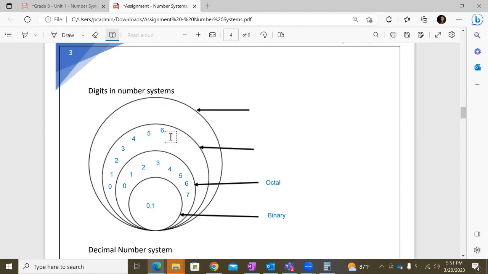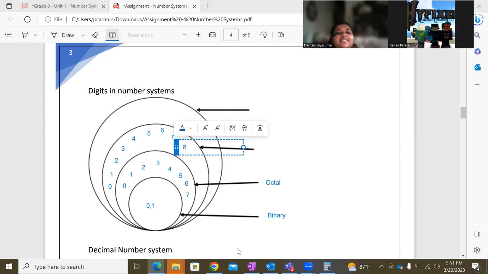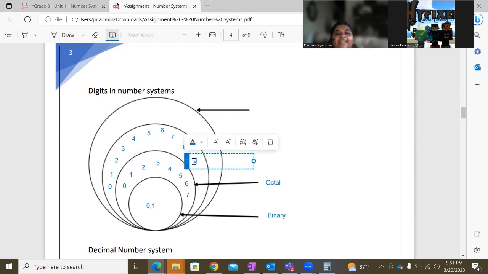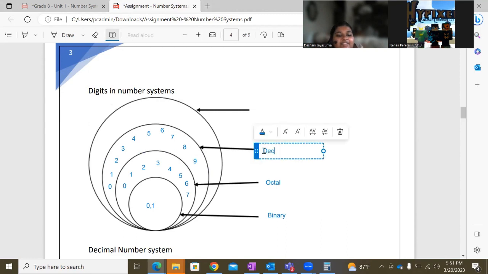Right? So I'm just adding the rest of the values. As in here, we have 0 to how much? We have 0 to 9, that is decimal. Right? Like this. And last, we are adding the octal, which is 0 to 9 and A to F. Okay?